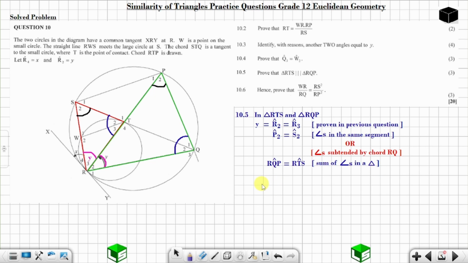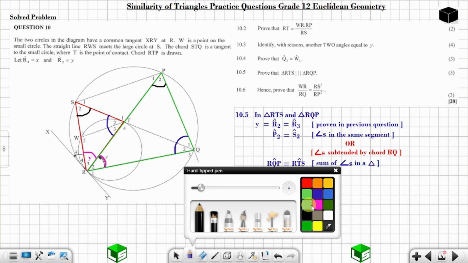Now you can conclude, therefore, triangle RTS is similar to triangle RQP. So always respect the order. Let me show you.